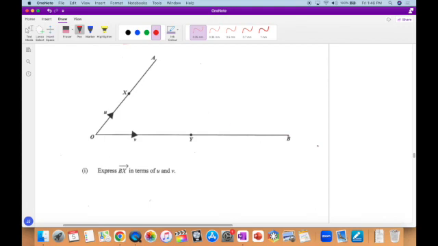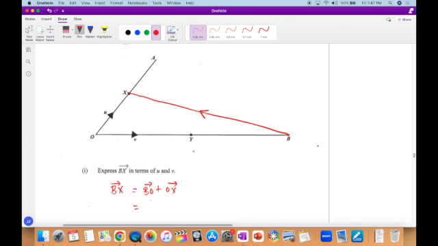Express BX. So that is driving from here to here, and notice the direction, BX in terms of U and V. So we could say that BX will be BO plus OX.